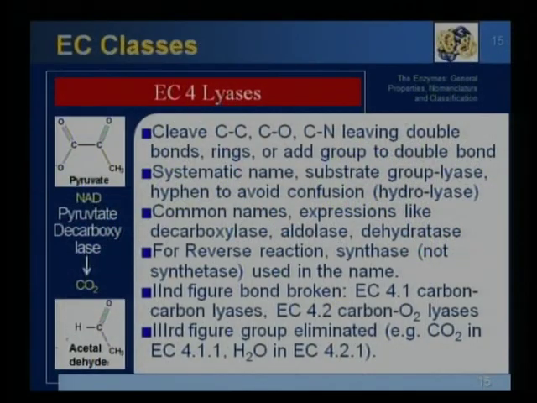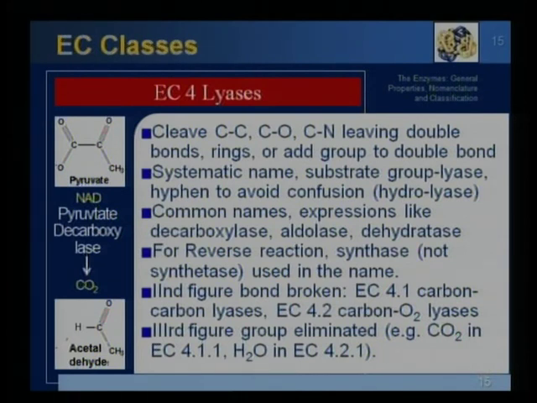Now, the second digit for lyase type of enzyme could be 1 if it is carbon-carbon lyase, it could be 2 if it is carbon-oxygen lyase, whereas the third number in the EC nomenclature for lyase depends upon the kind of group which is being eliminated.